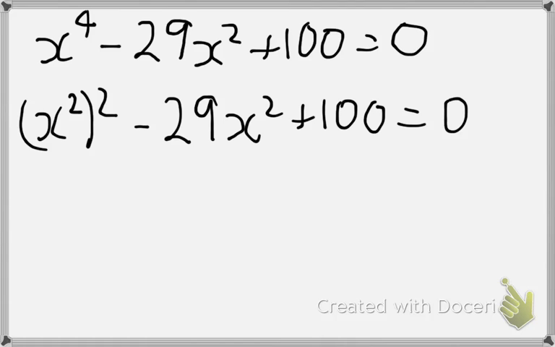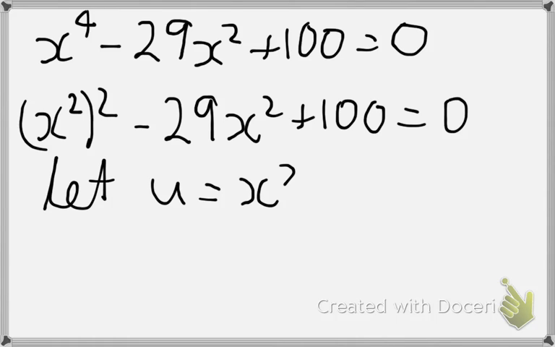We now see that it looks very similar to the quadratics that we're used to. I have something to the power of 2, and then I have that term by itself, and then I have a constant on the end. So if I use my substitution to replace these x squareds with the linear term, it'll become a quadratic. So I let u equal x squared.